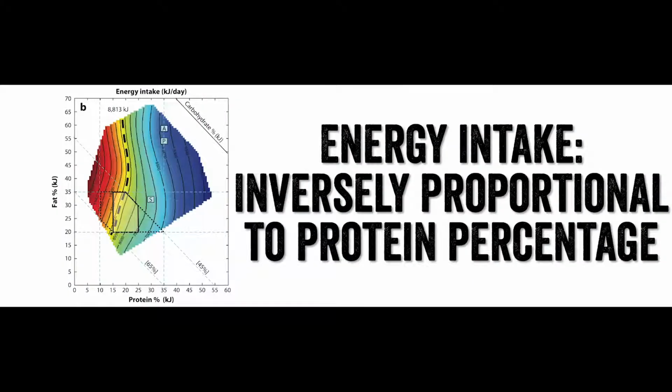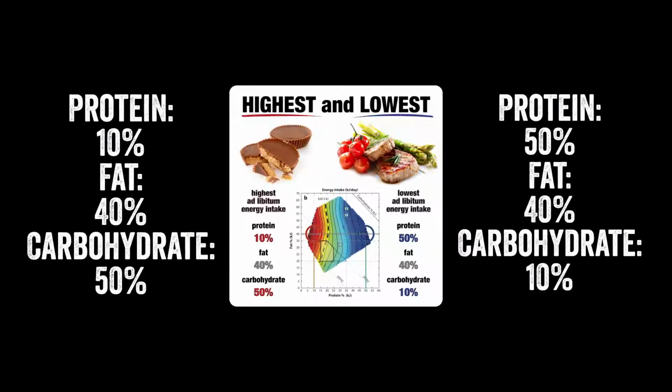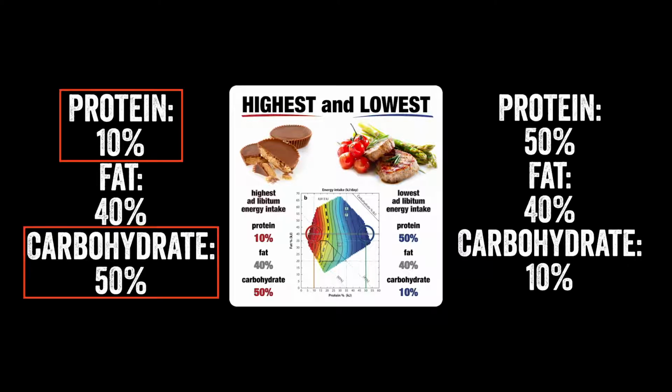When you graph out protein percentage on an energy intake heat map, like Raubenheimer and Simpson did, you see that protein is on the x-axis here, protein percentage. The higher your protein percentage, the less energy you eat, and the lower your protein percentage, the more energy you eat. They found the very highest energy intakes at a low protein of 10% and a high carbohydrate of 50%.